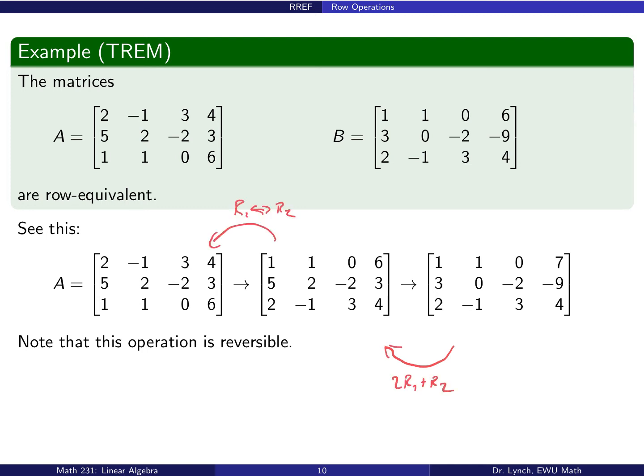And then, of course, swapping back row 1 and row 3 gives us the original matrix. So it is always true that if you can get from A to B, you can get from B back to A too. Row operations are always reversible.